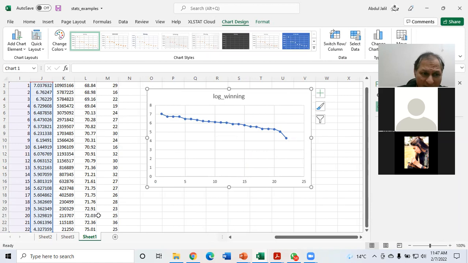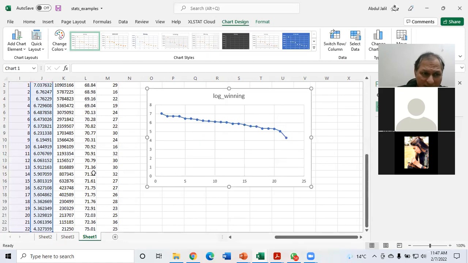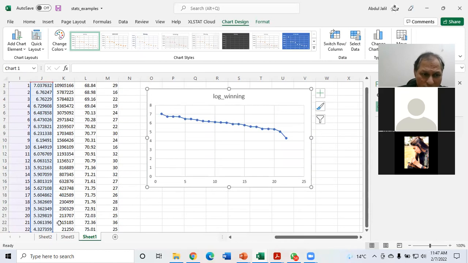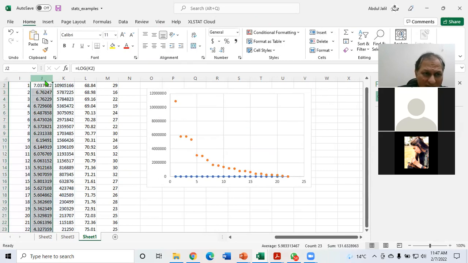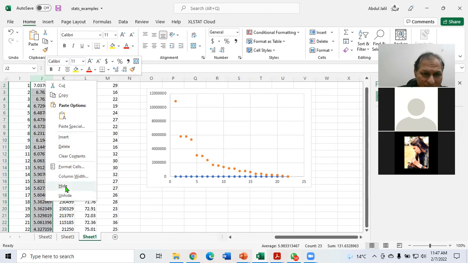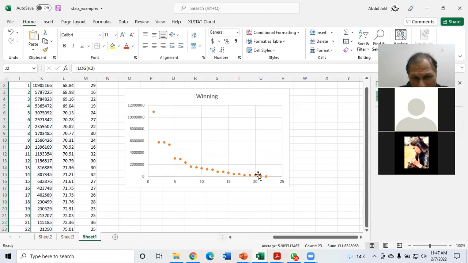But if you apply this on the previous data set, I'm just going to show you this data set, where if I hide it, then you will observe a straight line on this data set is not going to give you a more accurate picture, right? Any kind of straight line. So this is the problem. But a straight line on the log transformation is more accurate, giving closer results.